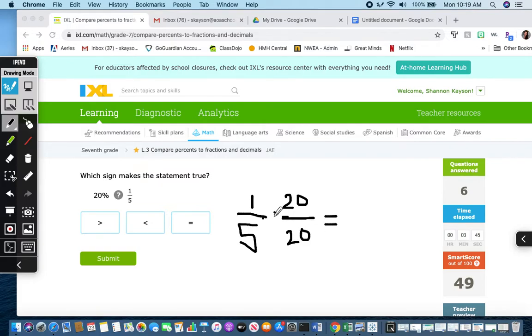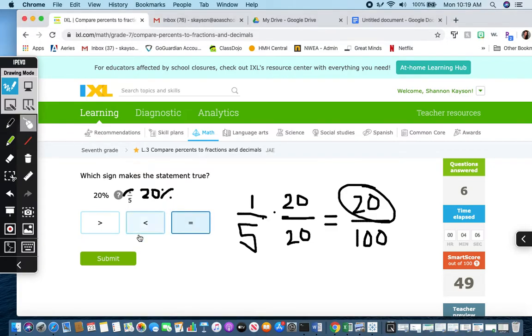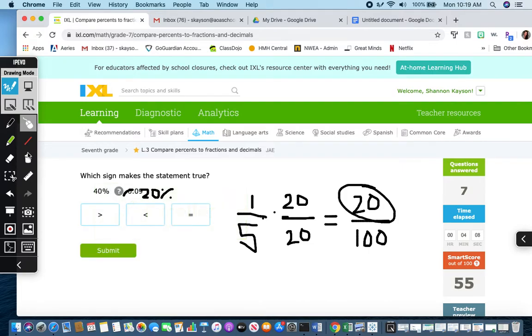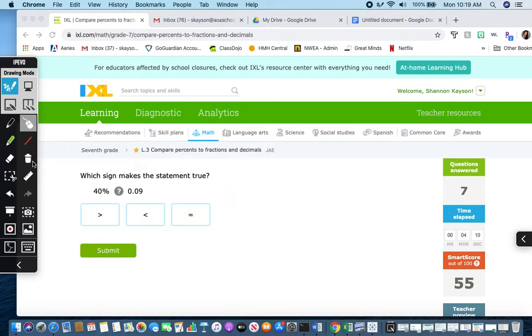So we actually get 1 times 20, which is 20, over 5 times 20, which is 100. And that gives us 20%. So in fact, these are actually equal. 1/5 is the same thing as 20%. Let's check. Ta-da! Okay, cool. All right.